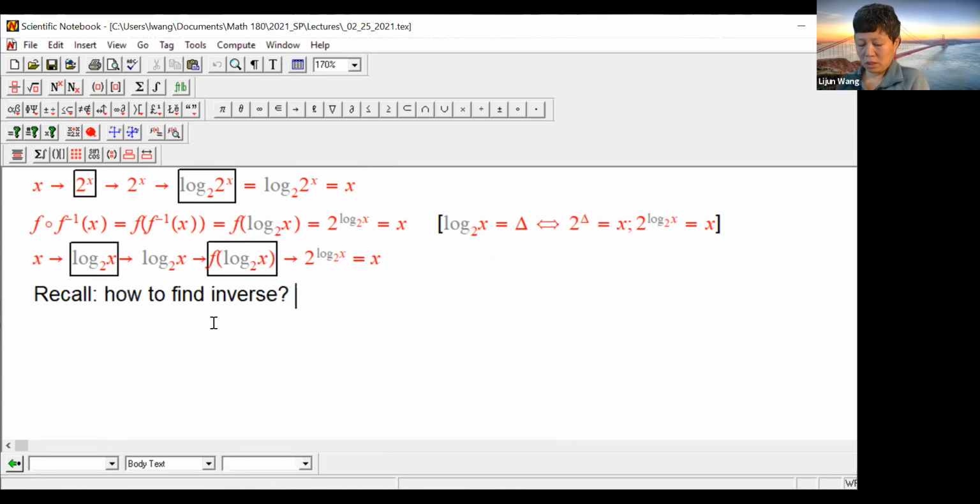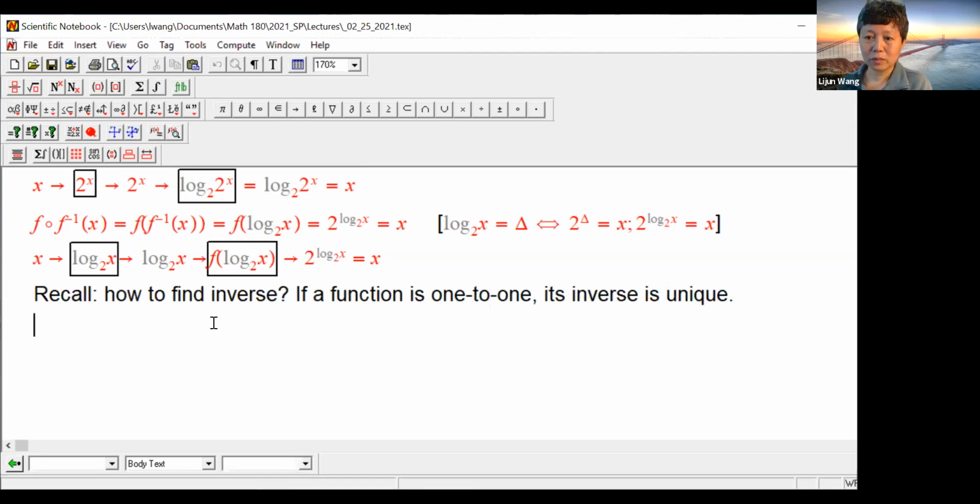If a function is 1-to-1, its inverse is unique. We know that. But how to find it? One of the steps in finding inverse is to swap x and y.